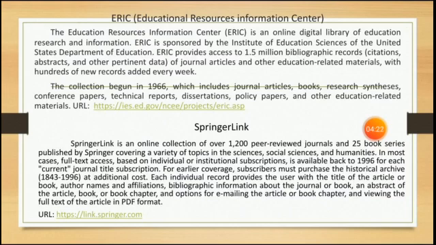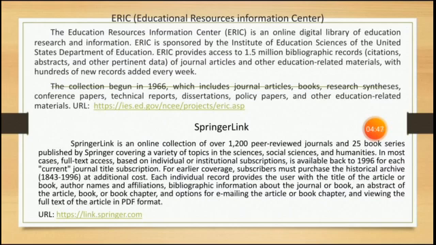Then comes SpringerLink. It's an online collection of over 1200 peer-reviewed journals and 25 book series published by Springer, covering a variety of topics, mostly in science, social science, and humanities. In most cases, individual or institutional subscriptions are available back to 1996 for each current journal title subscription.